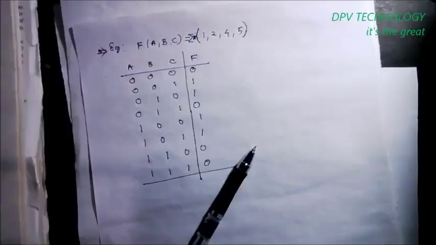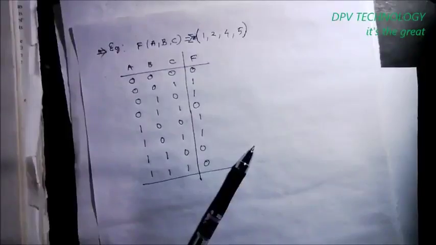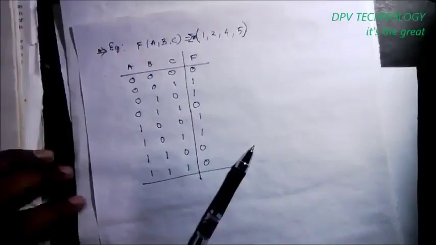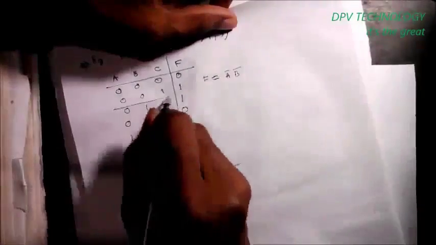Now, for making the variable entered map, you have to do the following, which I am going to show you. You have to write F like this. You have A bar B bar, this is for A bar B bar.